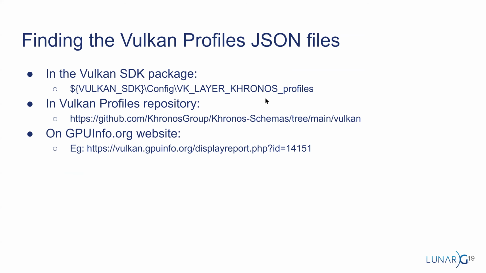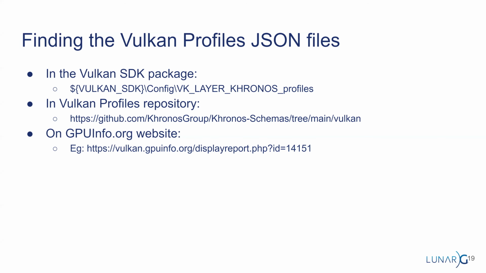So where can we find some Vulkan profiles? We can find them in the Vulkan SDK package. We can find them on the Vulkan profile repository. That will be the more or less official profiles.